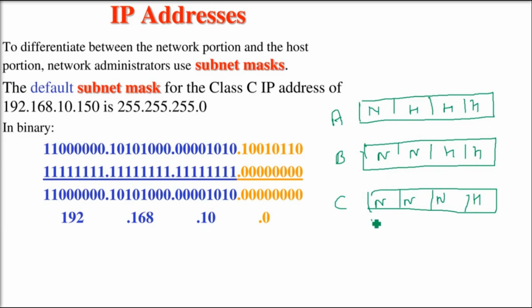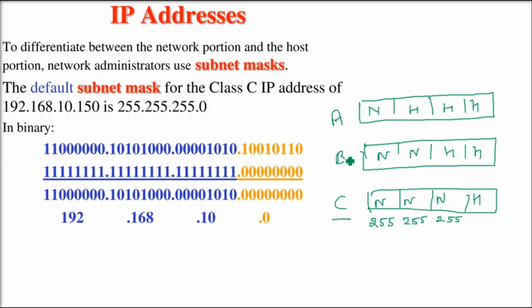This is 255, as I said. Network is always 1111, which is 255. This is for the subnet mask. For the host, the subnet mask will be 0000. So this 255 is the subnet mask.